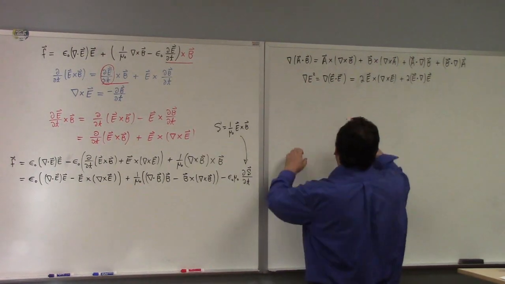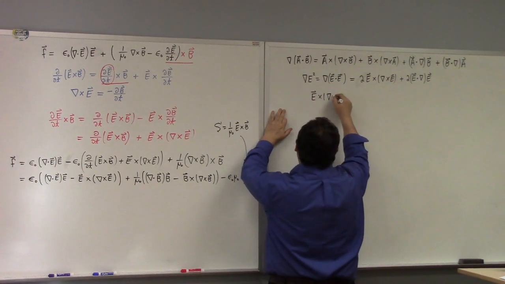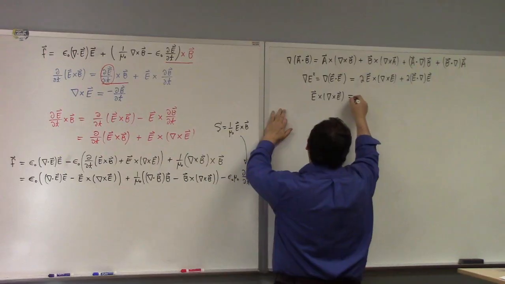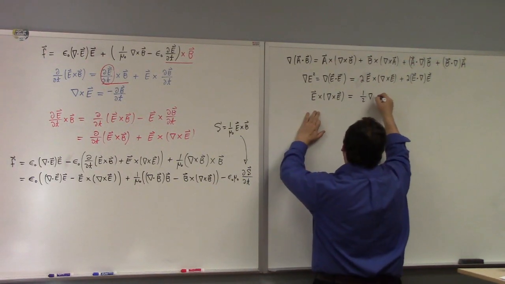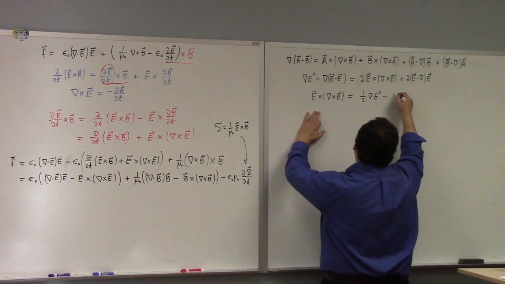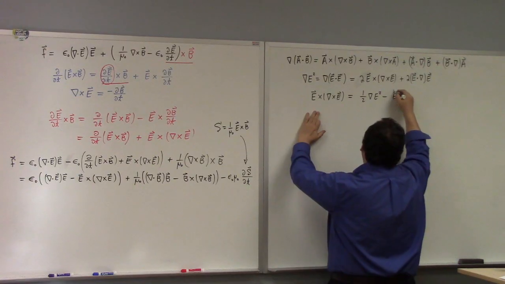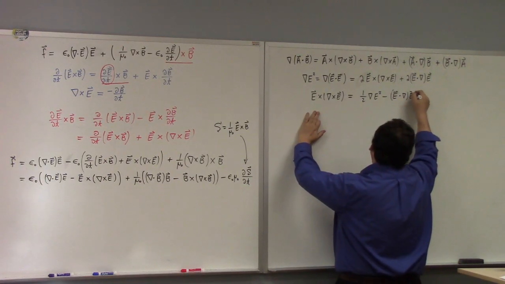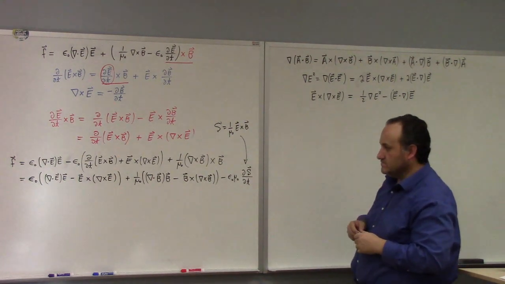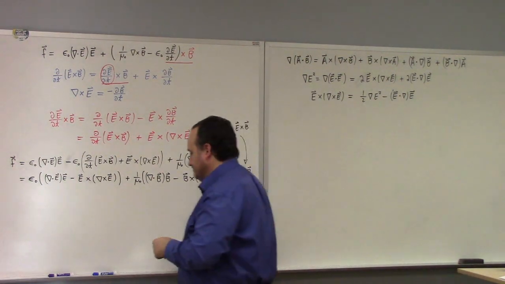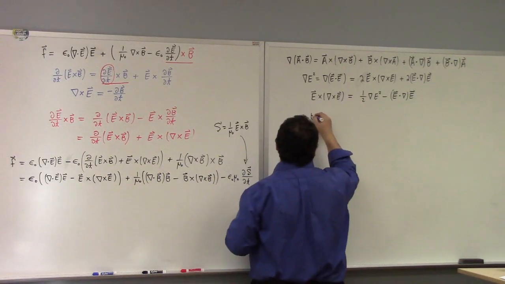So what we then have is the following identity. E cross the curl of E is equal to 1/2 nabla E squared minus E dot nabla times E. The 2's cancel. Likewise, same thing for the magnetic field.